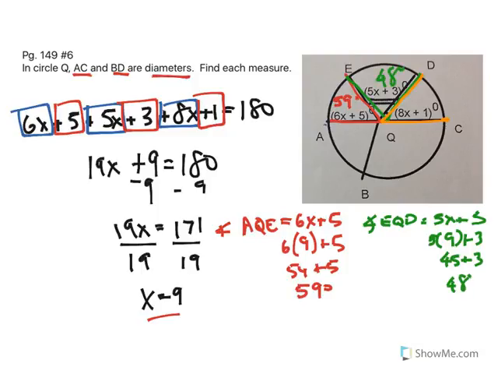Finally, we have angle DQC. Angle DQC is 8x plus 1. We know x is 9, so 8 times 9 plus 1. We get 72 plus 1, 73. So here we have 73 degrees. And we're done.